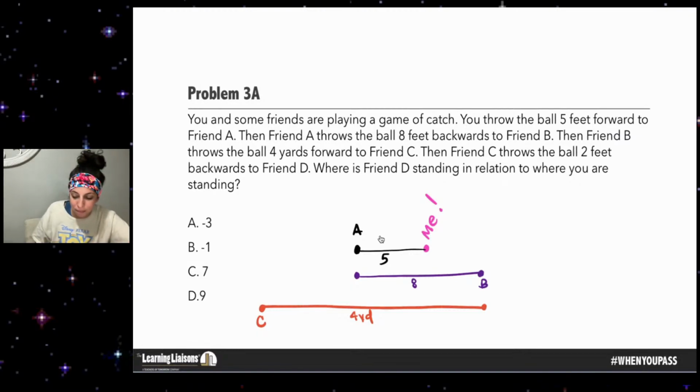I'll show you in a minute. And friend C throws the ball 2 feet backward to friend D. Where is friend D standing in relation to where you are standing?